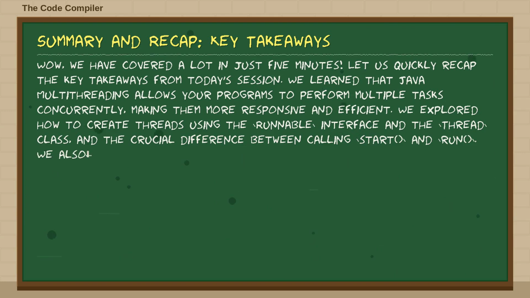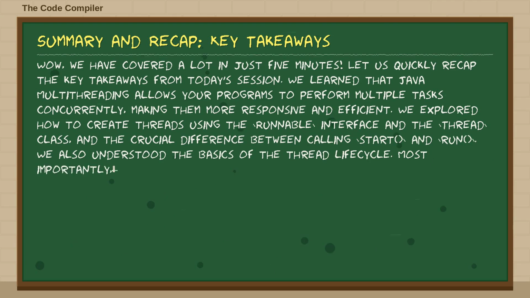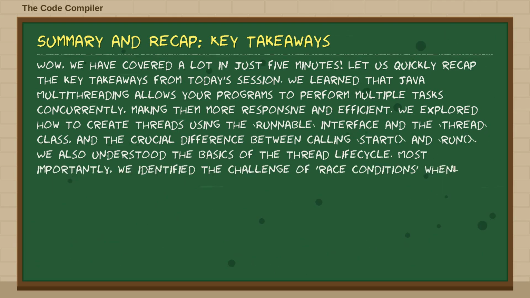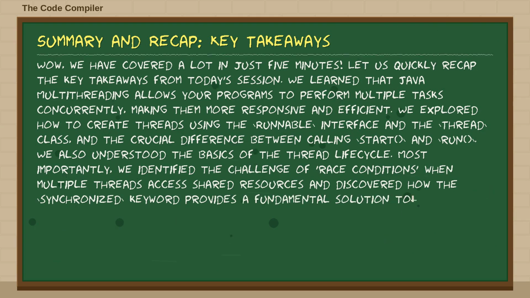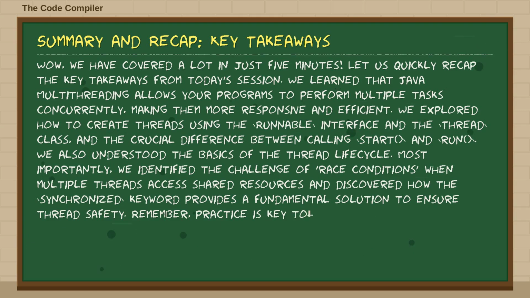We also understood the basics of the thread lifecycle. Most importantly, we identified the challenge of race conditions when multiple threads access shared resources and discovered how the synchronized keyword provides a fundamental solution to ensure thread safety.